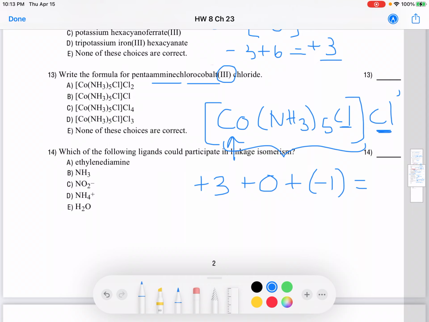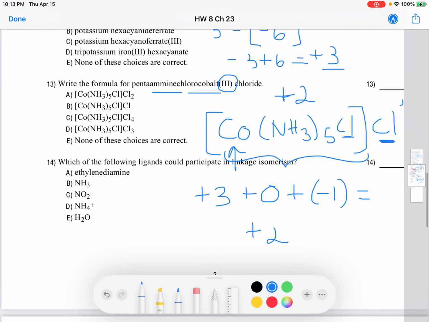So +3 - 1 is +2. So the charge of the complex cation is +2, and the anion needs to be -2, so you need 2 chlorides. The formula is going to be this one with 2 chlorides at the end.